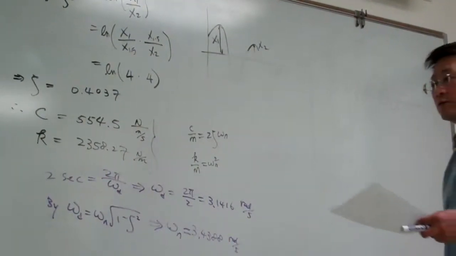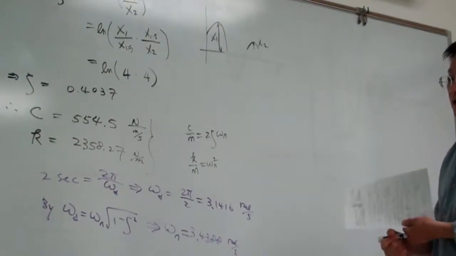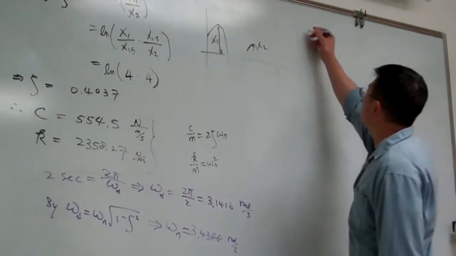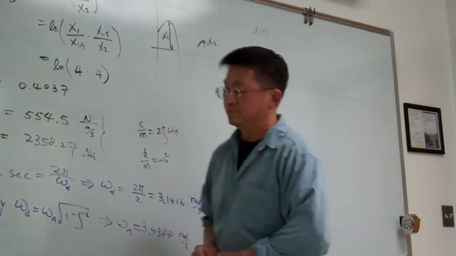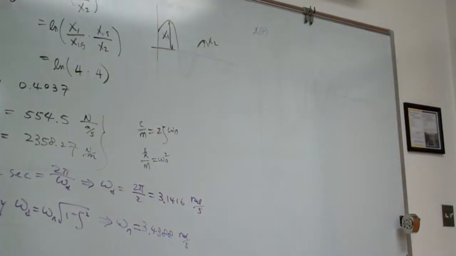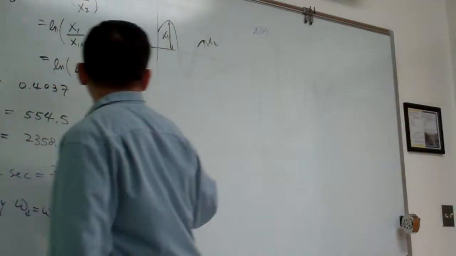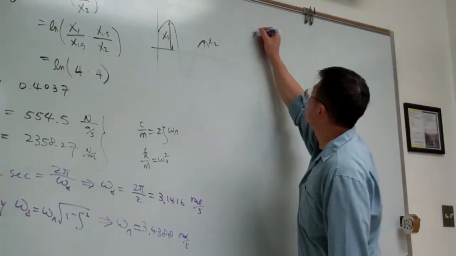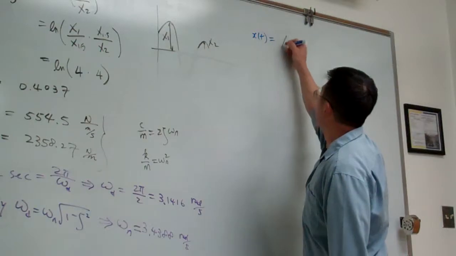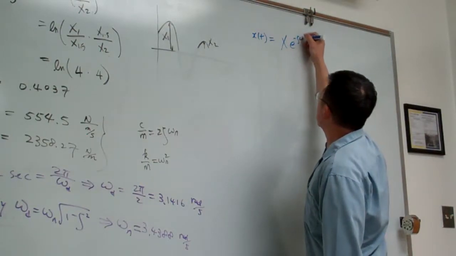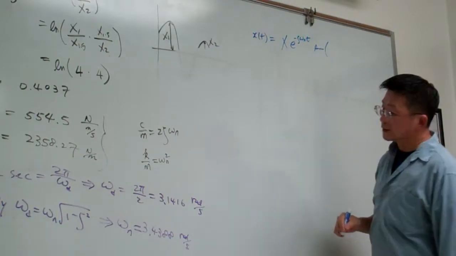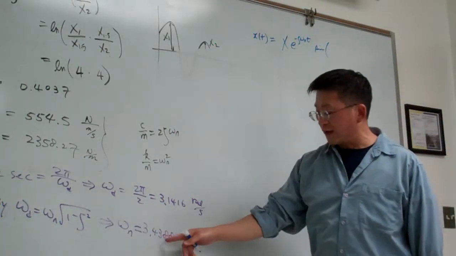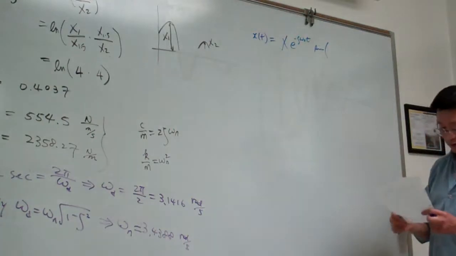So the maximum, we're asking for the maximum to be less than 2.25. So here we already have x of t, capital X e to the minus zeta omega n t times sine. How about we plug in the numbers here?